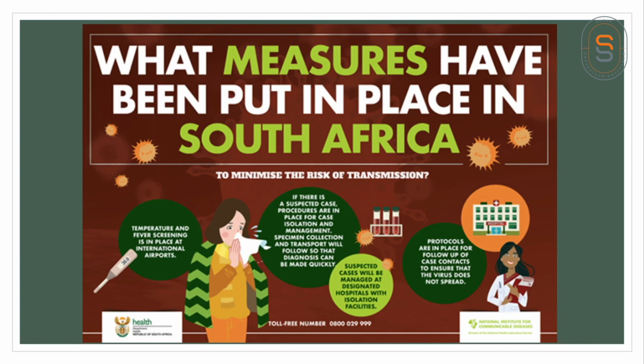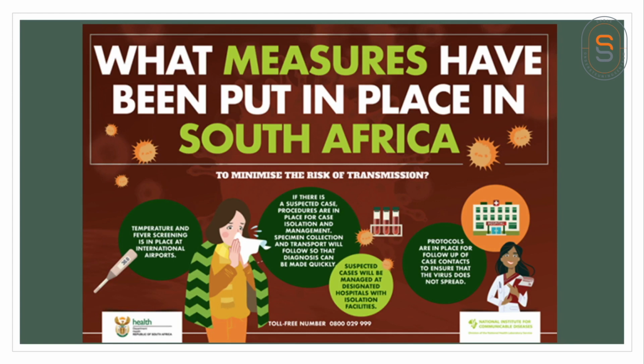So temperature and fever screening is in place at international airports, right? And then if there is a suspected case, procedures are in place for case isolation and management. Specimen collection and transport will follow so that diagnosis can be made quickly, and accompanying pictures. And then suspected cases will be managed at designated hospitals with isolation facilities.